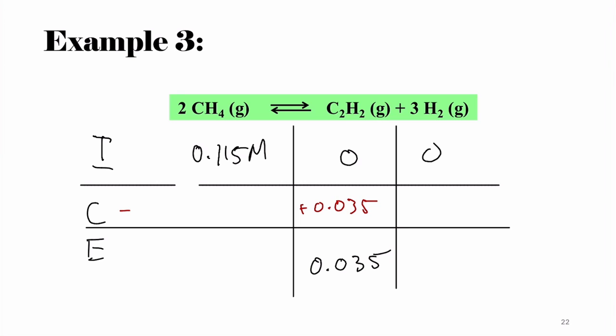So for every 1 molecule of this, we're going to lose 2 molecules of our reactant. So that should be minus 2 times 0.035. So we get minus 0.07.